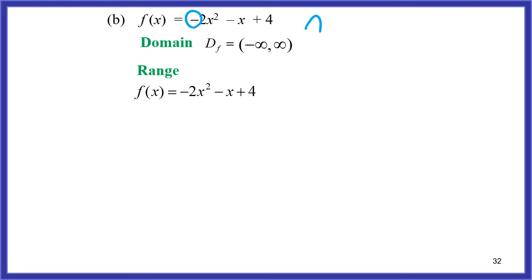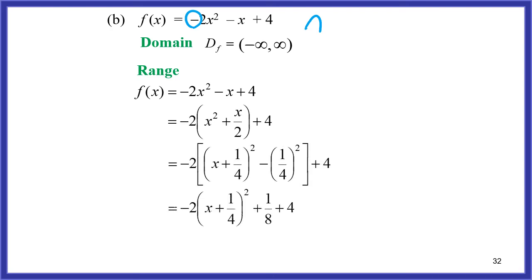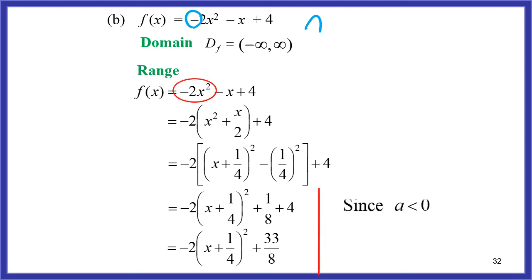The result is h is negative 1 over 4 and k is equal to 33 over 8. Since a is less than 0, it is a sad shape, so it will be the maximum point. The maximum value of y will be 33 over 8, so the range is from negative infinity up to 33 over 8.